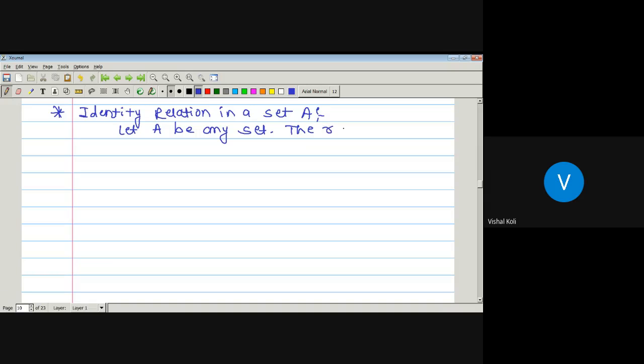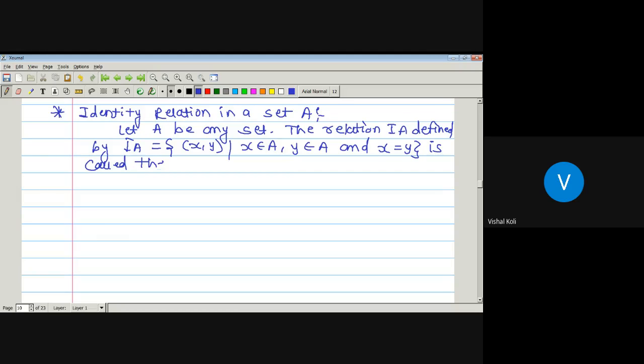The relation I_A defined by I_A, which contains all the ordered pairs (x, y) whenever x belongs to A, y belongs to A, and x is equal to y, is called the identity relation in a set A.